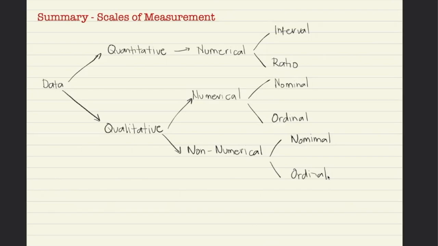Therefore, when it is a qualitative data, regardless if it's numerical or non-numerical, it can be a nominal or an ordinal data. But if the data is quantitative, it should be understood that it is numerical and it can be an interval or a ratio data.